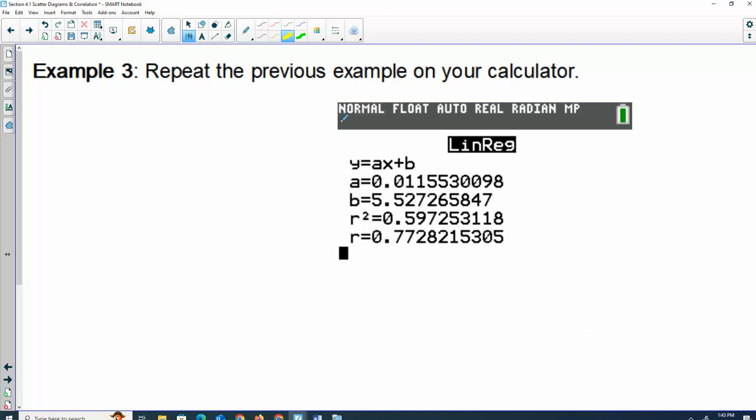But it should give you an R on that. If it doesn't, that's because the diagnostic isn't on. If your diagnostic isn't turned on, it gives you the equation in A and B, and that's it. So did you guys get something close to negative 0.94 on your calculators? Okay, and that's how we're going to do it 99% of the time.